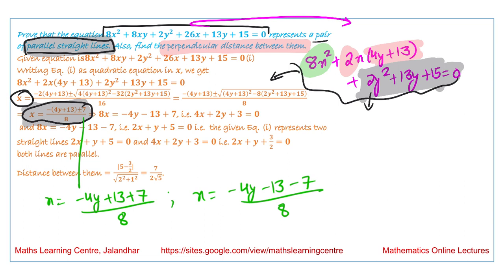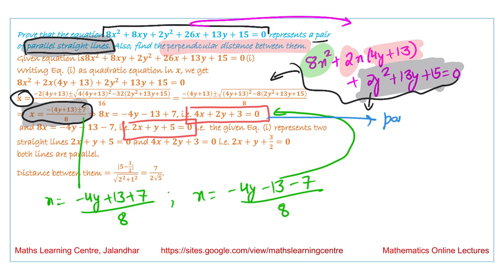And on solving these two equations, we get two lines. One is 4x plus 2y plus 3 is equal to 0, and second is 2x plus y plus 5 is equal to 0. So clearly both these lines are parallel to each other, and this is the first part we have to prove.